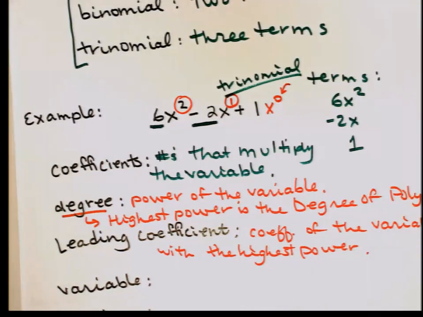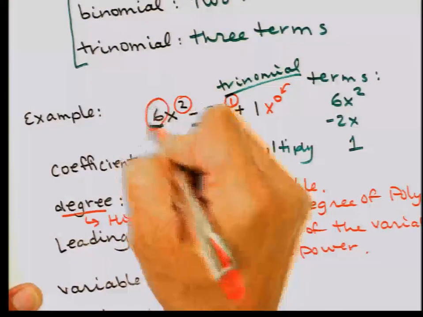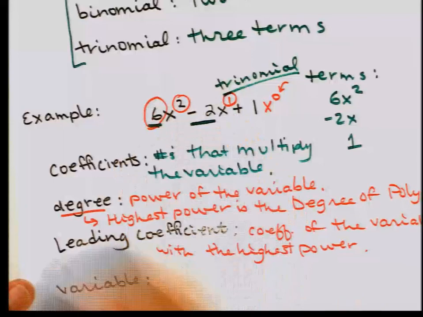So in this particular example, the leading coefficient, okay, so the degree is 2, and the coefficient that goes along with that term is 6.